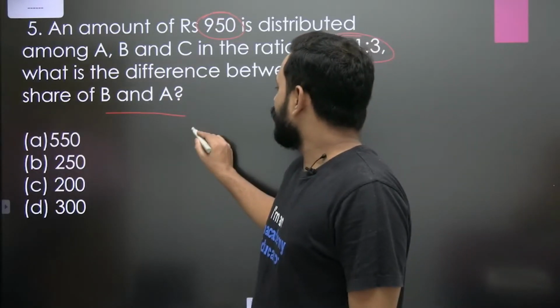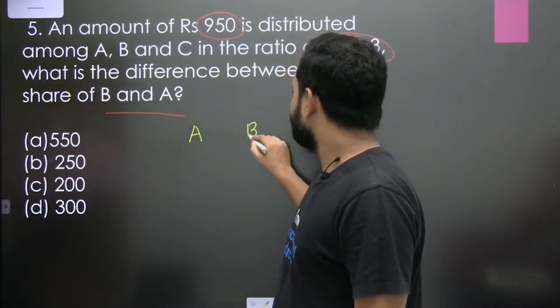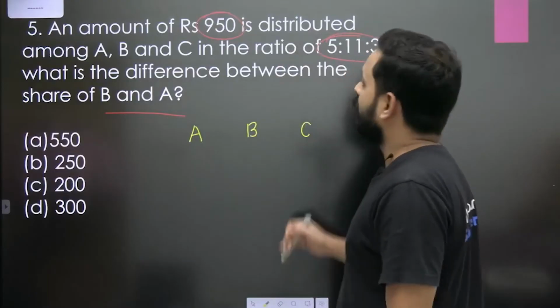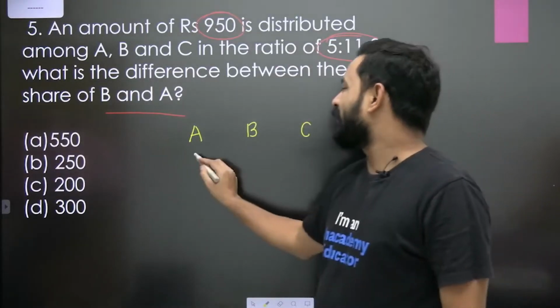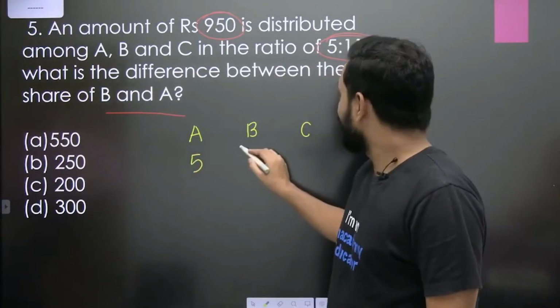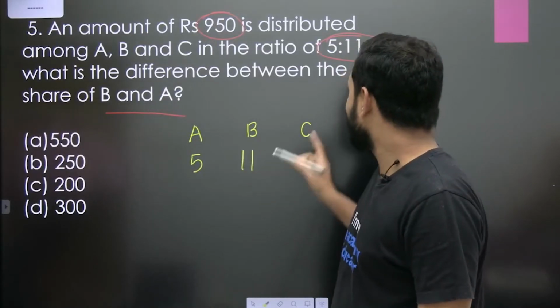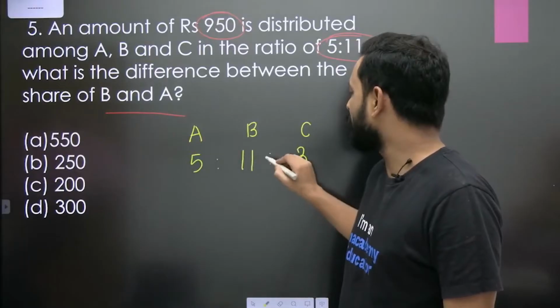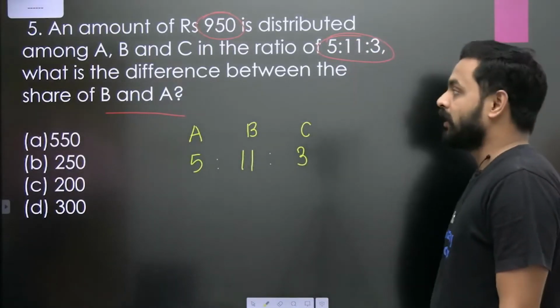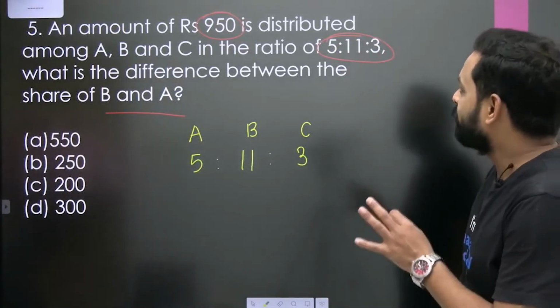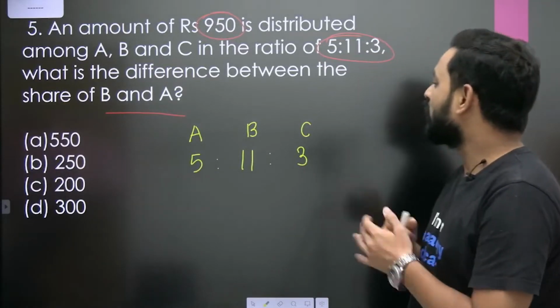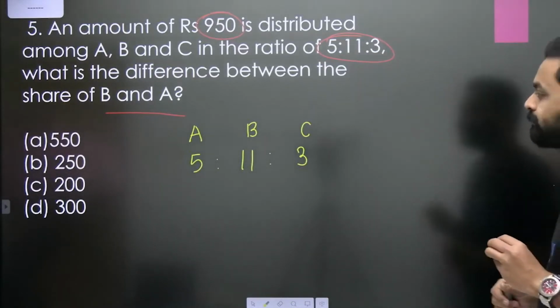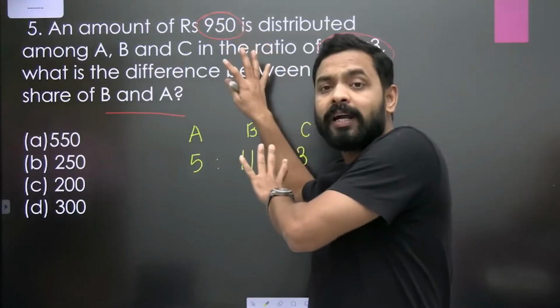Okay. So A, B and C in the ratio 5:11:3. A has got 5 parts, B has got 11 parts and C has got 3 parts, in terms of ratio. Total will be 950.